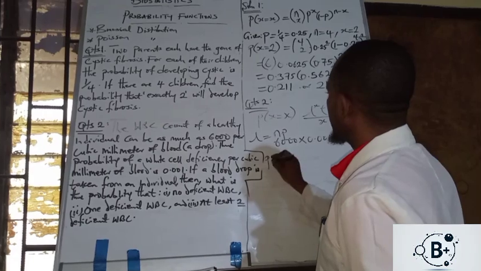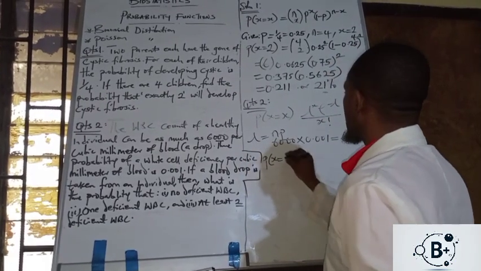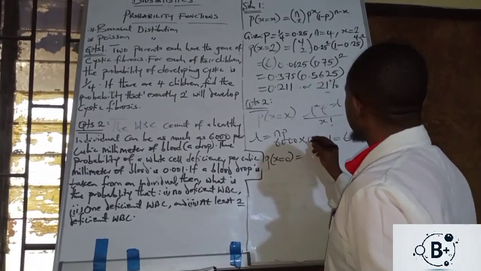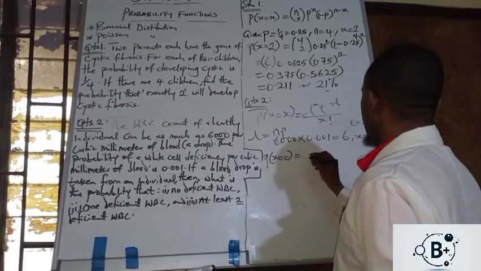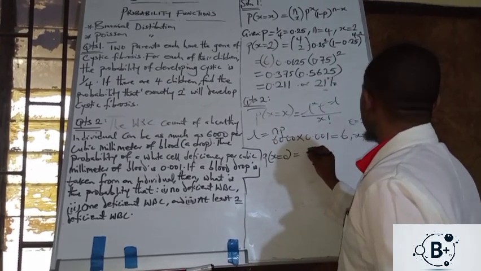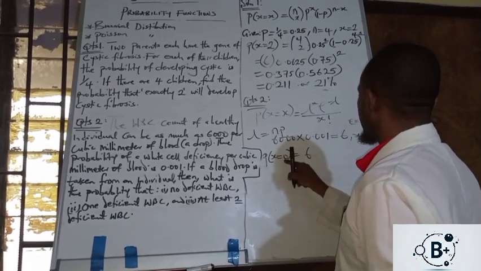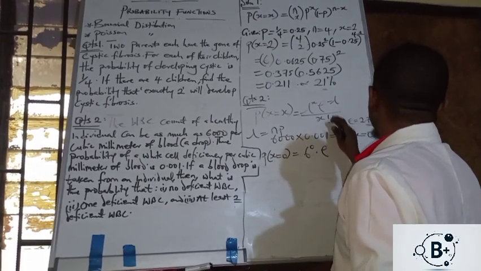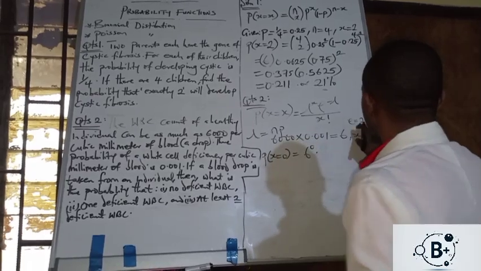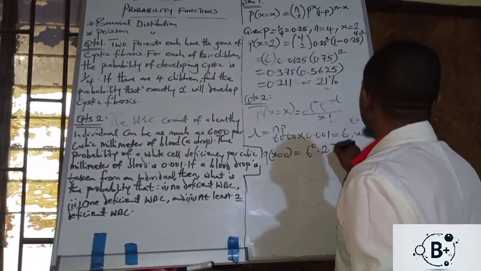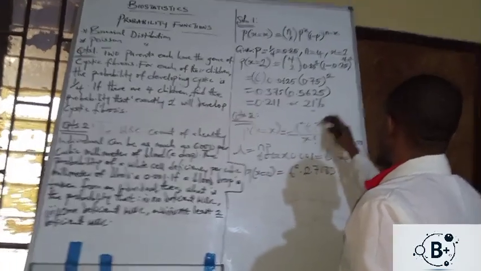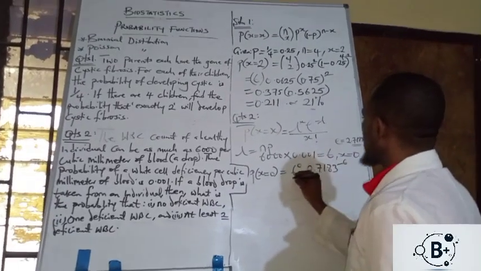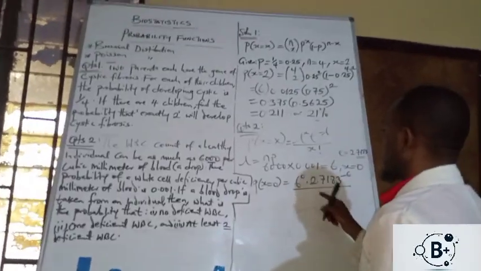We say P(S equals 0) equals lambda, which is 6, raised to power S, which is 0, times e, which is 2.7183, raised to power minus lambda, so minus 6, over S factorial. What is our S?